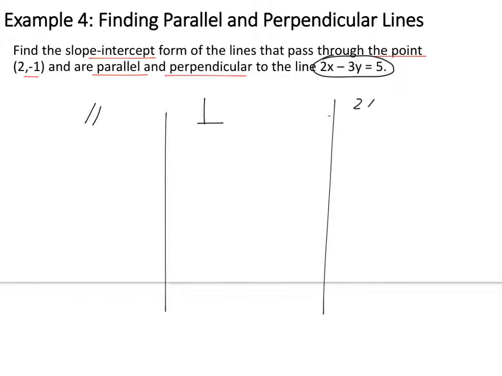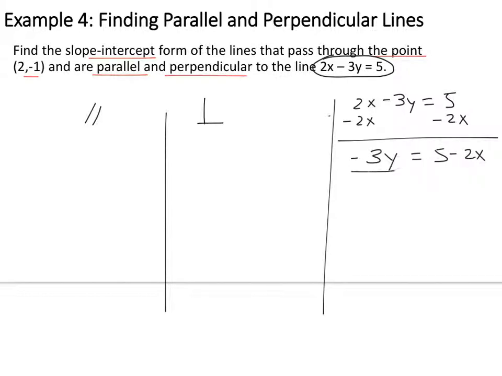If I've got 2x minus 3y equals 5, then what I can do is I can just solve this for slope-intercept form. -3y equals 5 minus 2x, divided by -3, and I do that just by solving for y. So y equals 2/3 x minus 5/3.